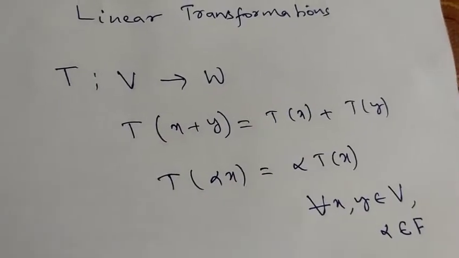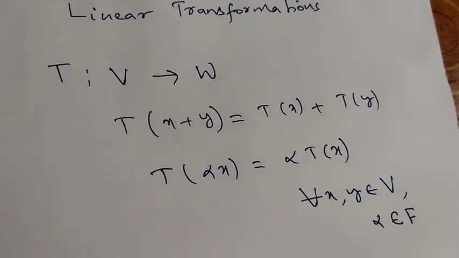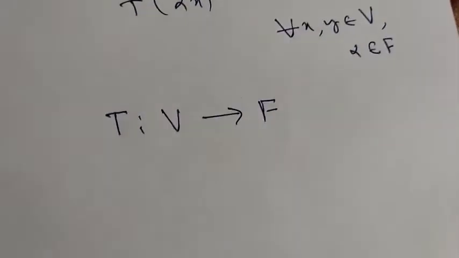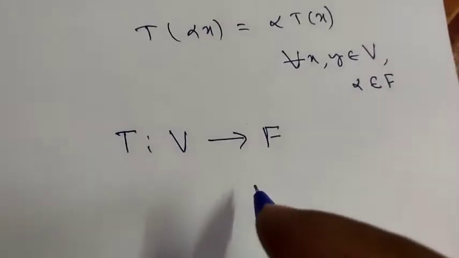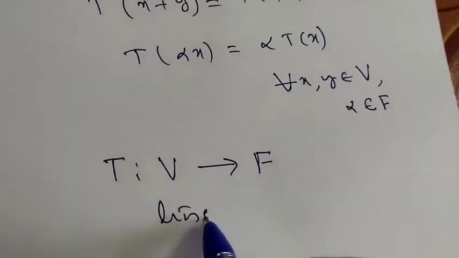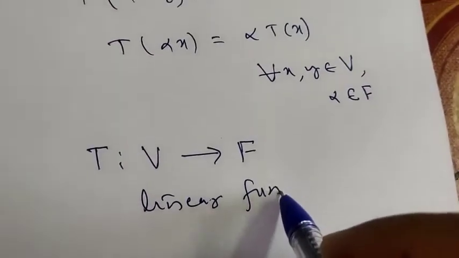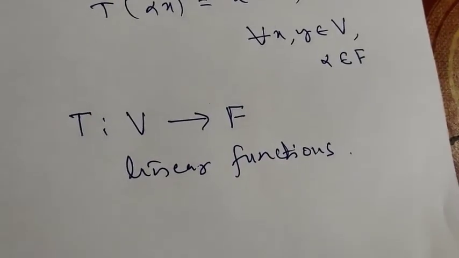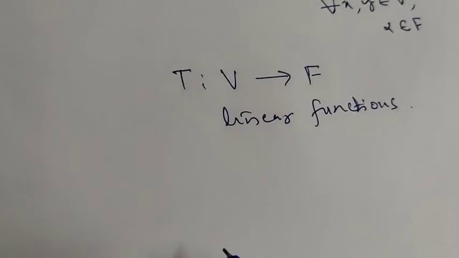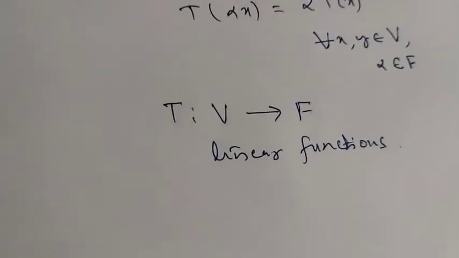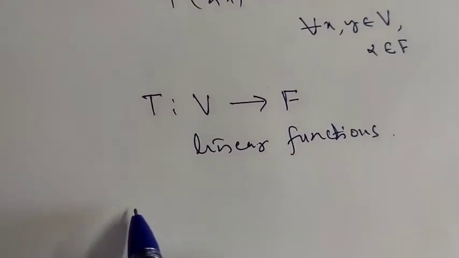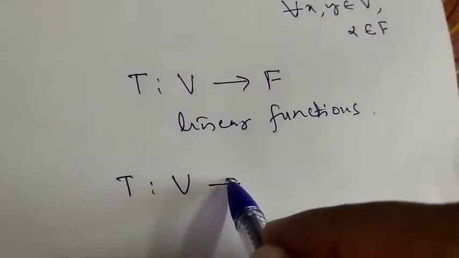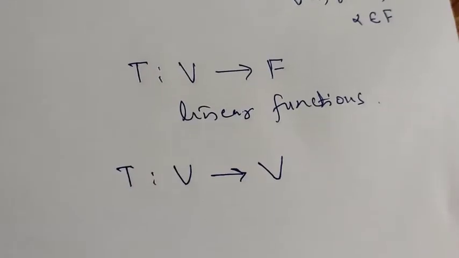And also we have defined the linear transformations from V to the field F. Such linear transformations are called linear functionals, and we have studied many results related to this. Now in this chapter we are particularly interested in those linear transformations which map the vector space V into the vector space V itself.